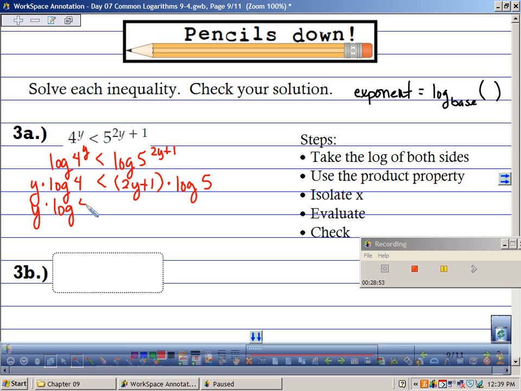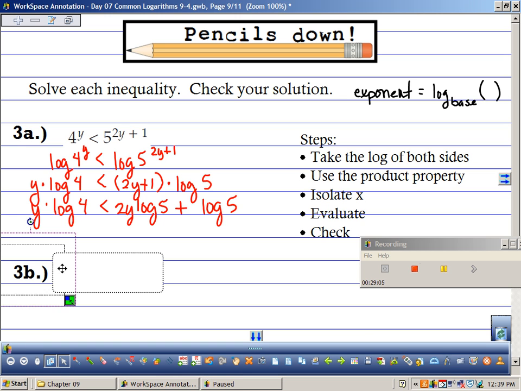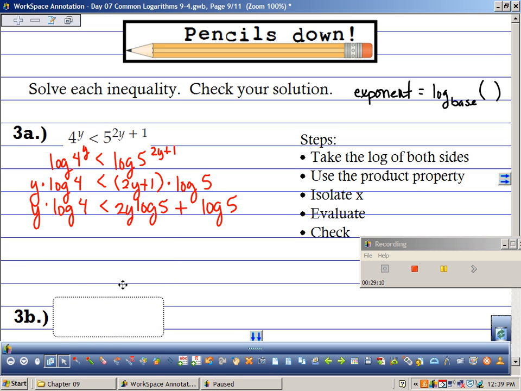I need y by itself, so I'm going to distribute. y times log 4 is less than 2y log 5 plus log 5. Are you still with me? You see it? I'm distributing.